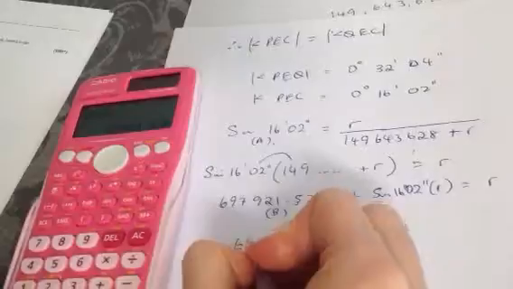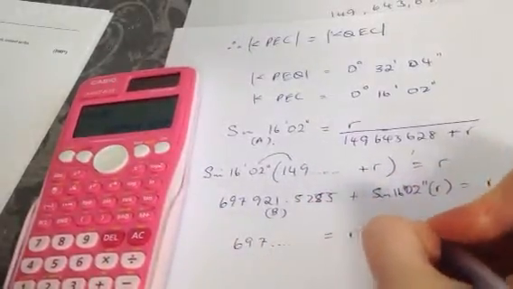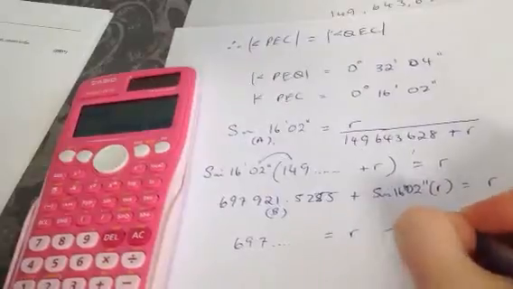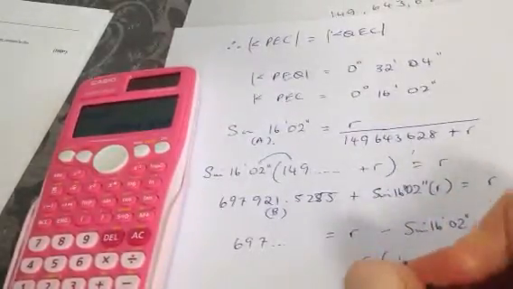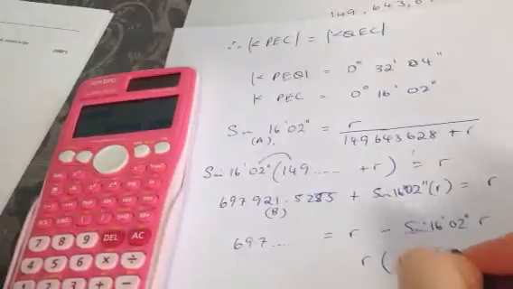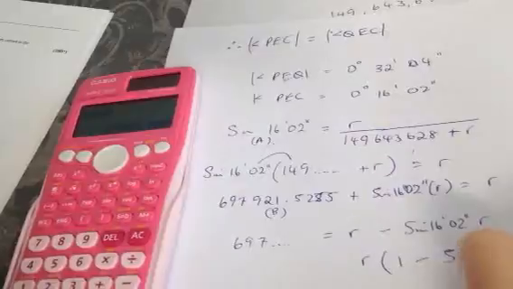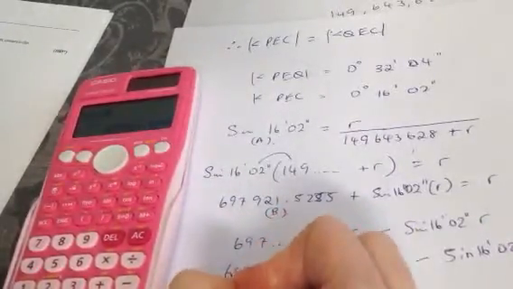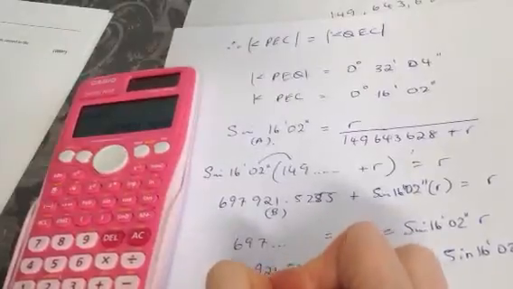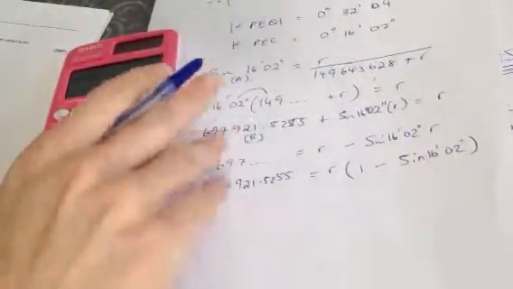So I have 697,921.52255 is equal to r minus the sine of 16 minutes 2 seconds times r. I'm going to take the r out in common. I'm left with 1 minus the sine of 16 minutes 2 seconds, times r, is equal to 697,921.5255. And I'm going to divide by this.